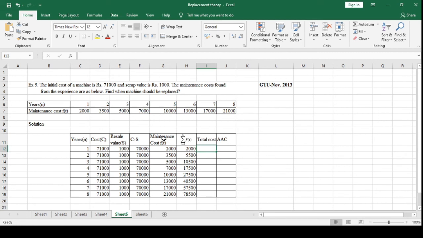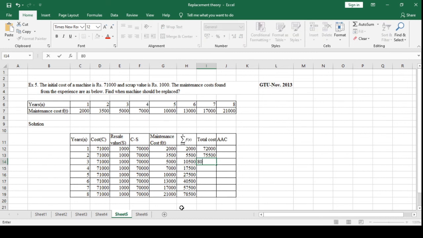Okay, now we'll calculate the total cost. We already know the formula for calculating the total cost, that is the summation of this f of t, which is given over here, plus your C minus S. So 2,000 plus 70,000, that is 72,000. Then 5,500 plus 70,000, so our answer will be 75,500.